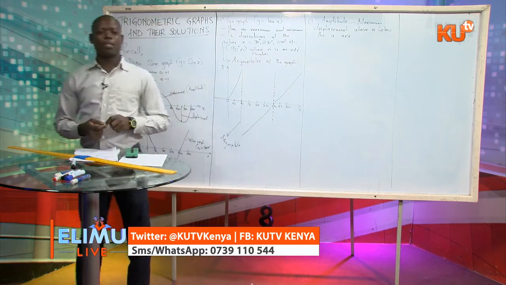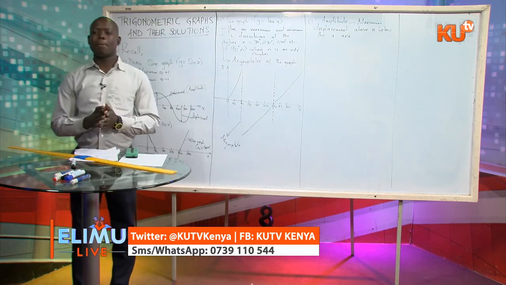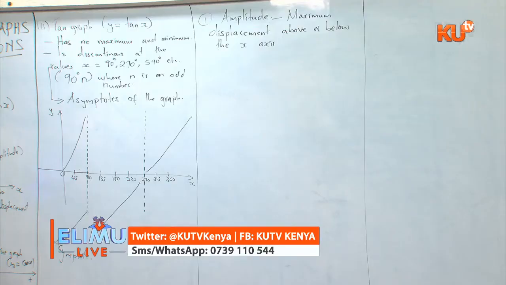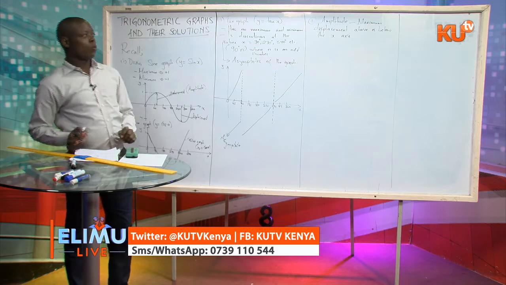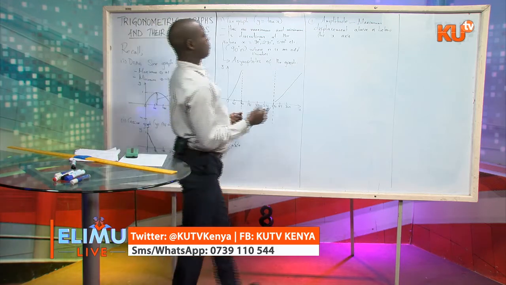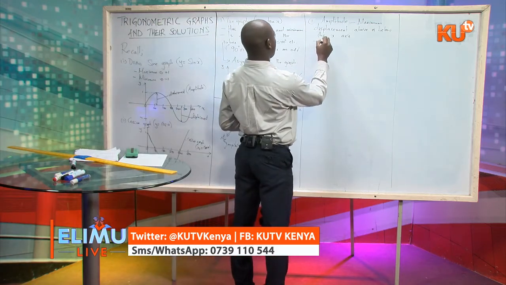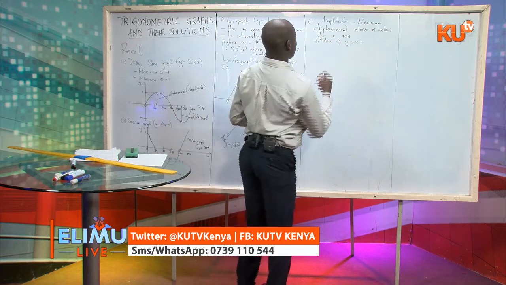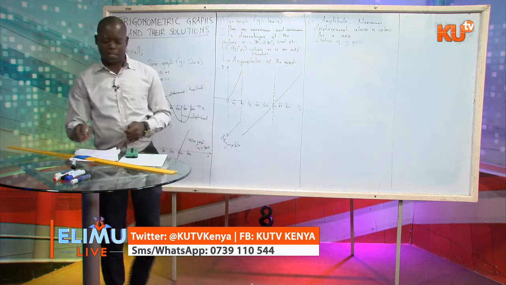The maximum displacement of the curve, either above or below the x-axis, is what we call the amplitude. However, we don't take the value on the x-axis, but it is given by the value on the y-axis.